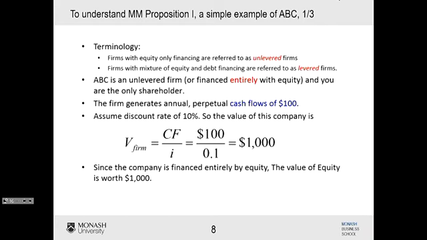Before we start the example, we need to understand a few terminologies. We define firms with equity-only financing as unlevered firms. It's full equity, which is a definition. No leverage, unlevered firm. And a firm with a mixture of equity and debt financing is referred to as a levered firm, a firm with leverage, a firm that has debt financing.